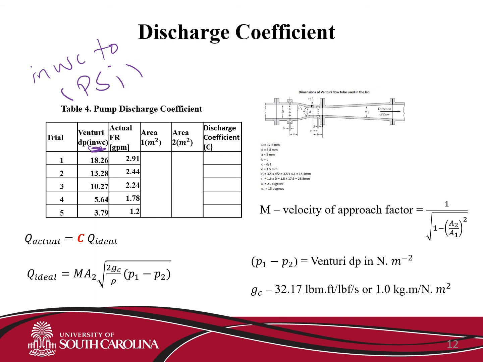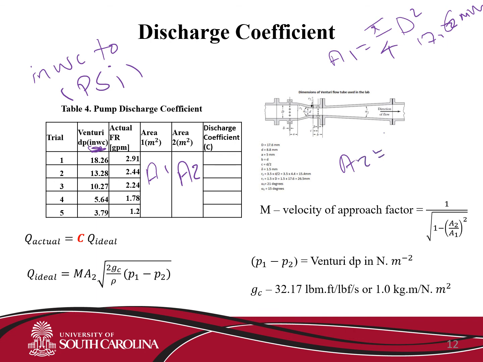So A1 and A2: how to find A1? A1 equals pi over 4 d square, where d is 17.26 millimeter.